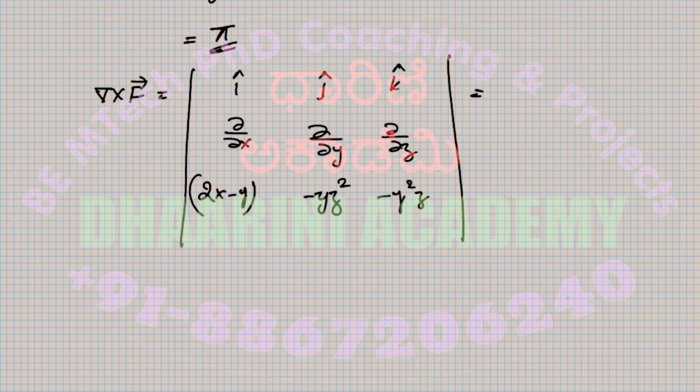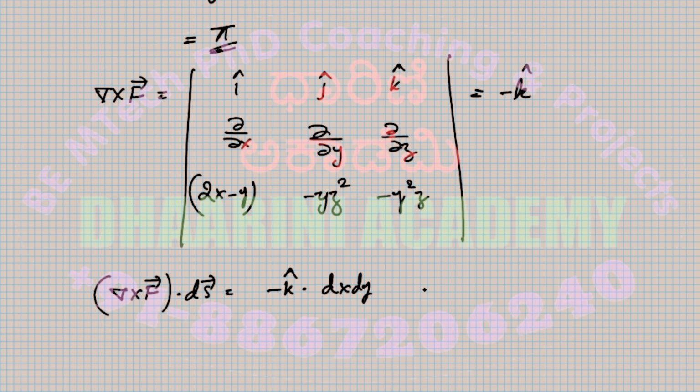Okay, so that means this is equal to minus k cap. So let's try to calculate the curl. I need this in del cross f dot ds, correct? So that is minus k cap dot dx dy.